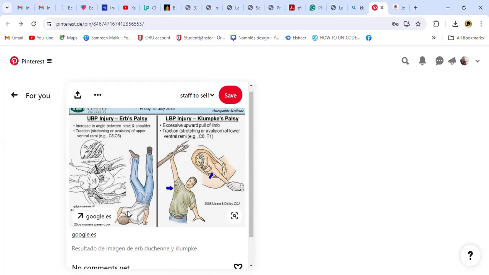Whereas if you're falling directly like this with the neck extended in this position, this will cause injury of C5 and C6.